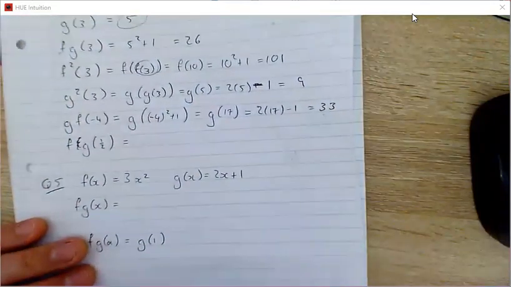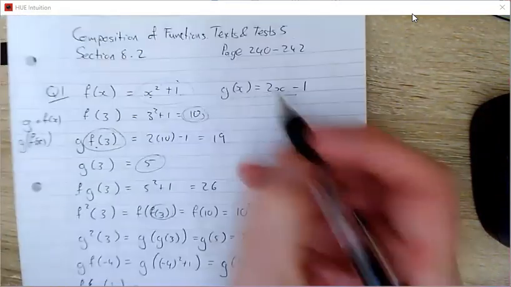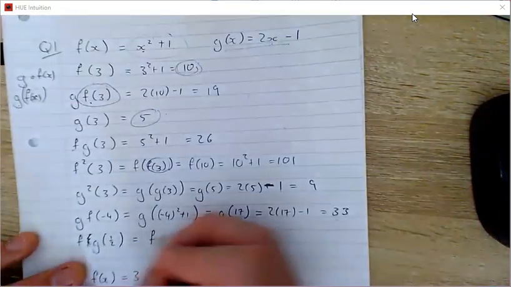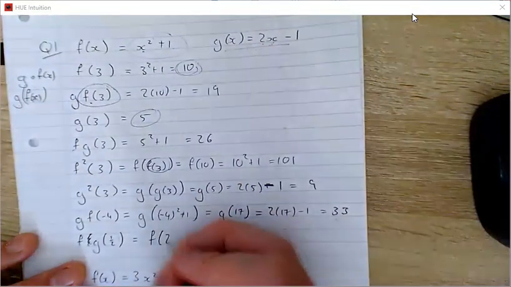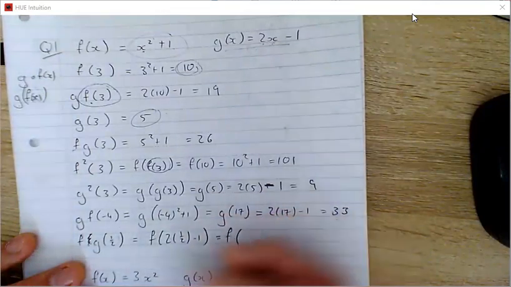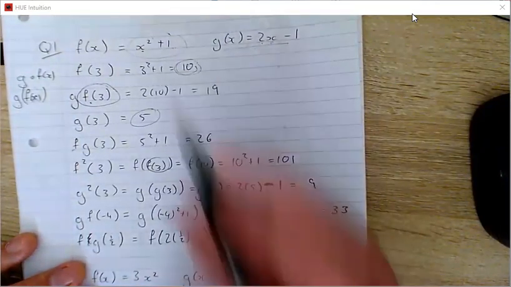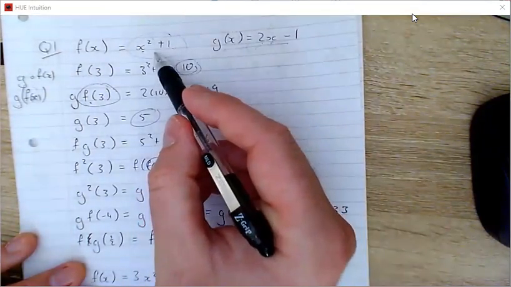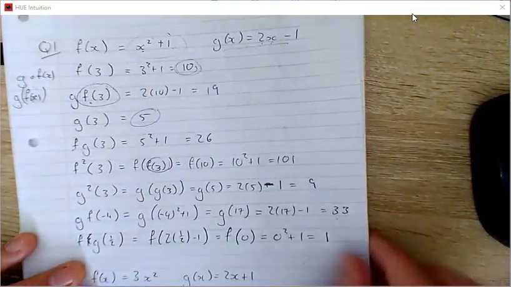The last one, f of g of a half, well, g of 1/2 is twice a half minus 1, which is 1 minus 1 is 0. Then you come back up here, plug a 0 into f, and you get 0 squared plus 1. So you get 1 out of that.